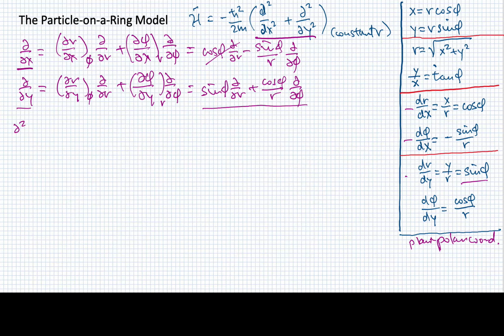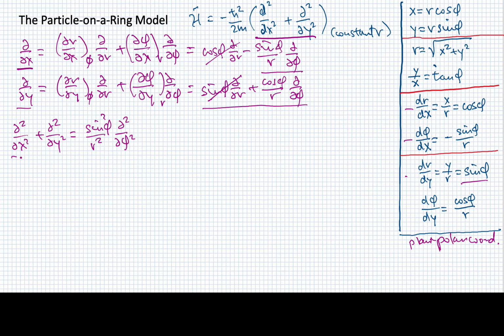So if I do that, I have d squared dx squared plus d squared dy squared. It's going to be equal to this combination of things. Now I'm already getting rid of the d dr because r is constant in all of this. So this is going to make it actually quite a bit easier. So I just need to take the square of this term, which will be sine squared over r squared d phi squared.